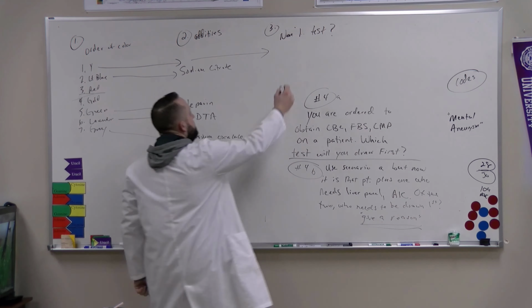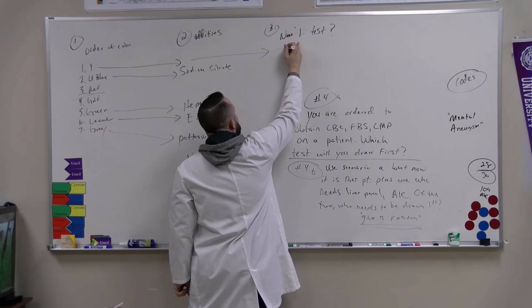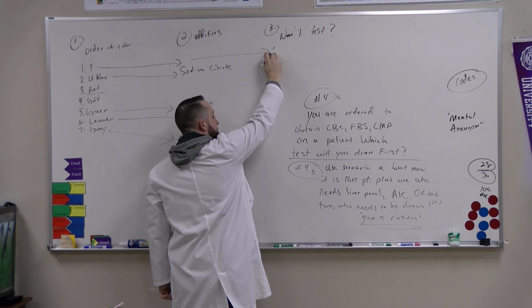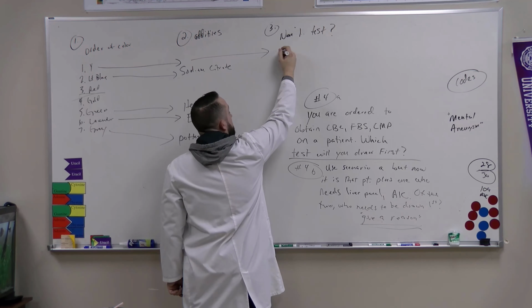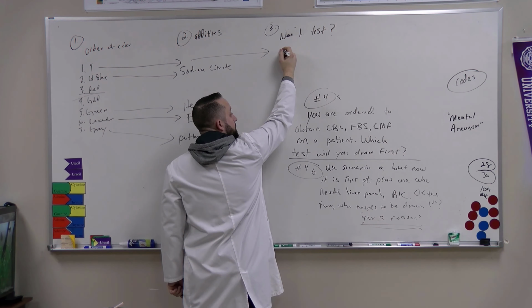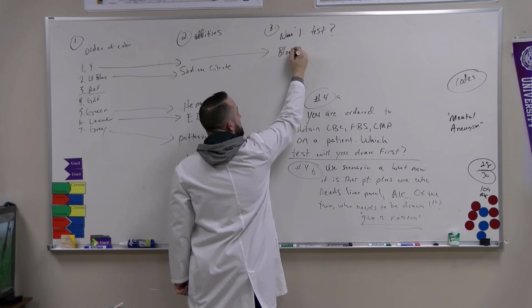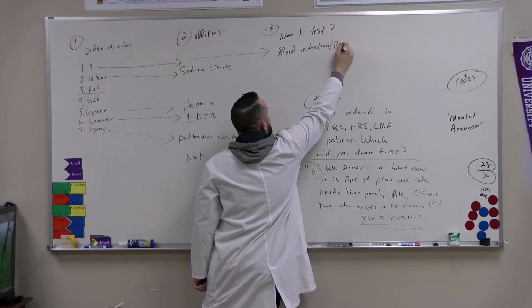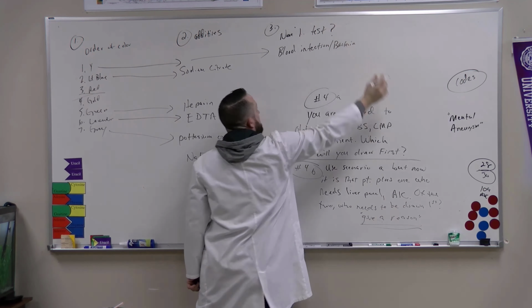What test does yellow tube for? Sterile test for CBC? Nope. It's got to be sterile, but what are we actually testing for? Oh, blood infections.